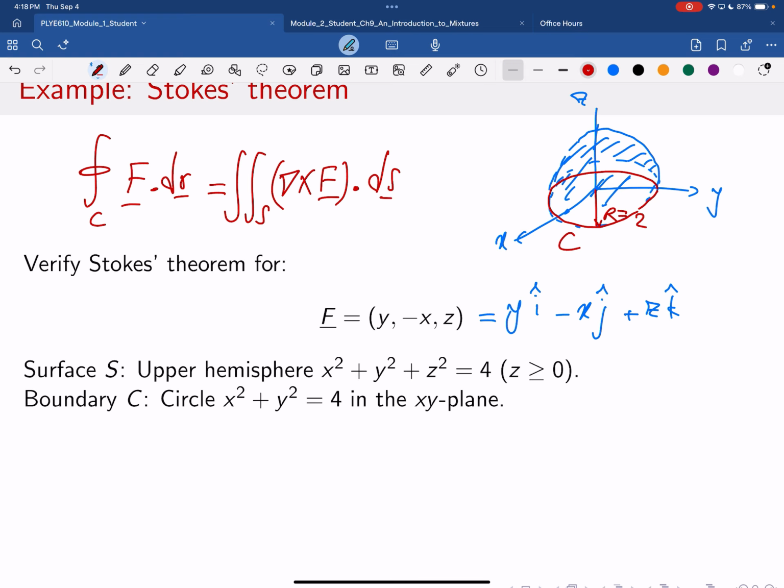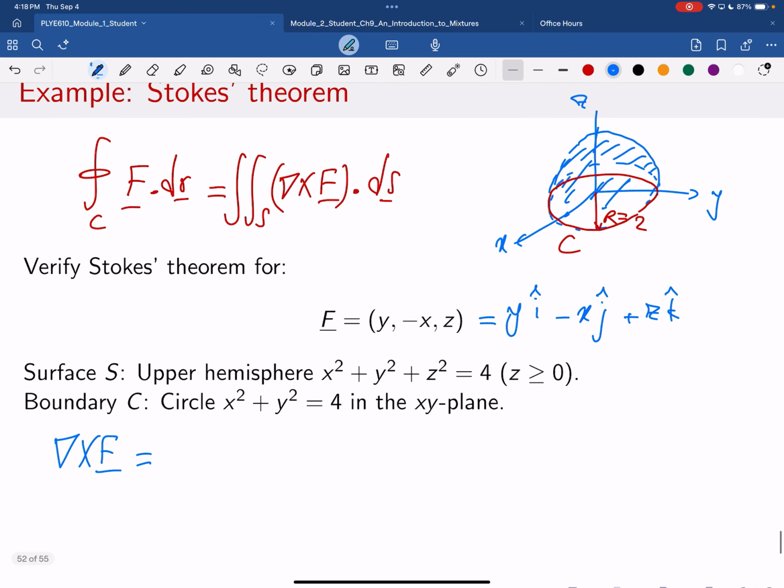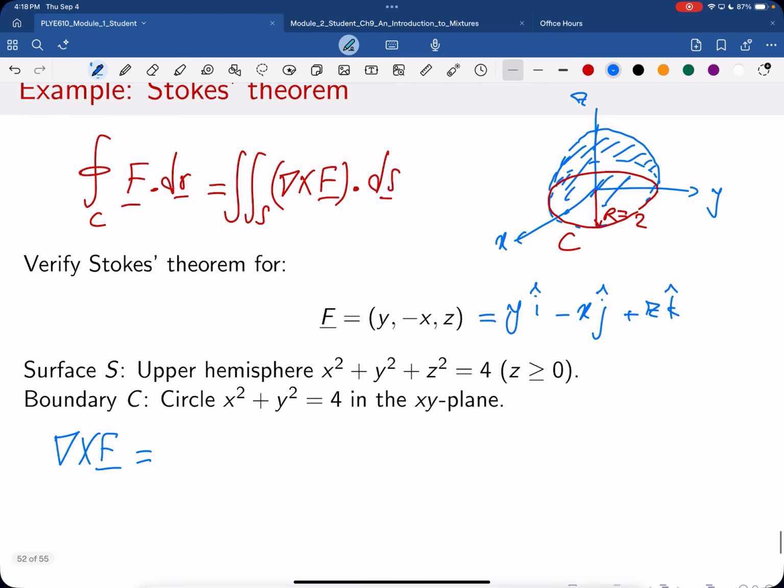So what is the curl? You can calculate it quickly here: d/dx, d/dy, d/dz, with y, minus x, z. So this is just going to give you the curl.